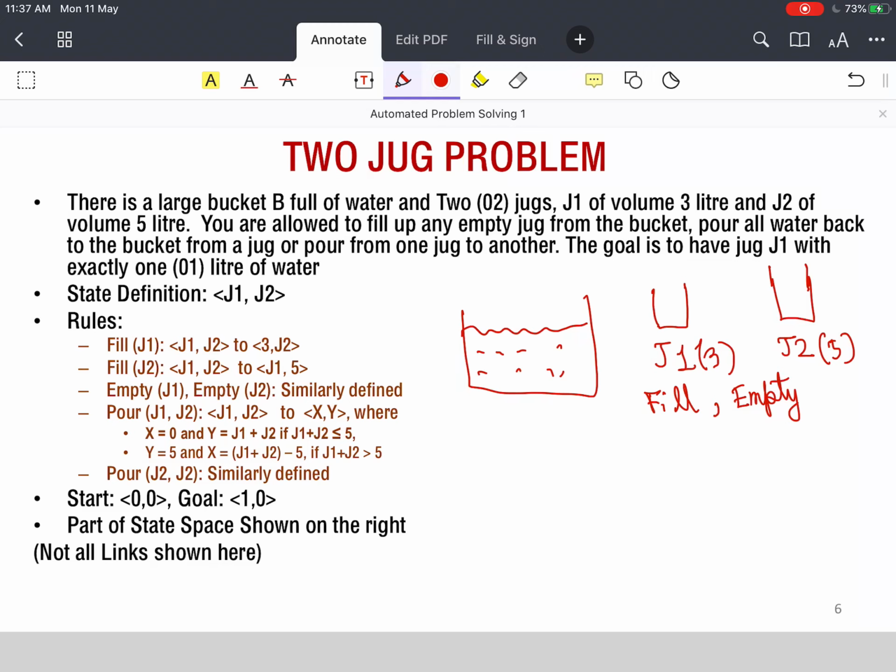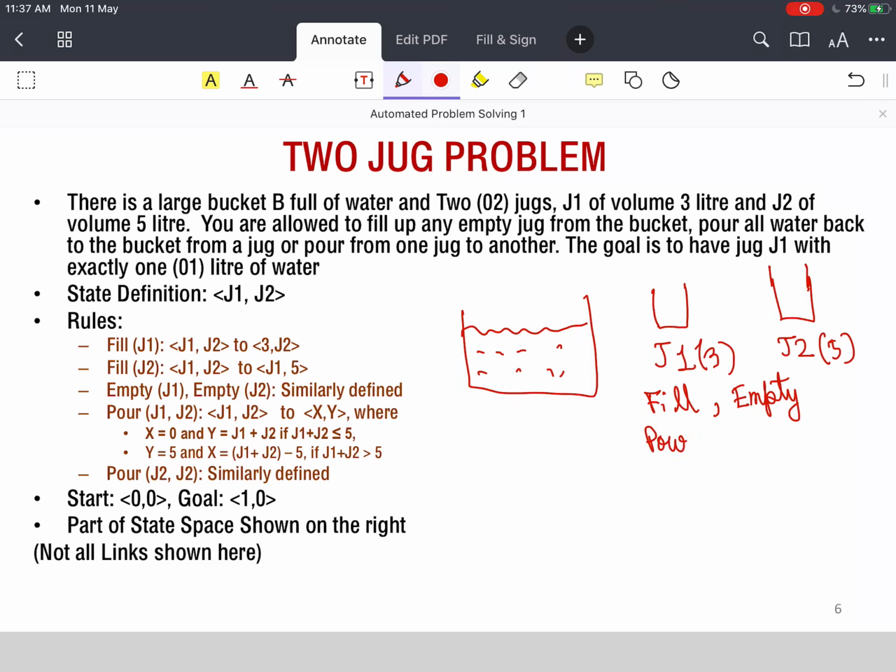We can fill a jug by putting that jug in the water tank and filling it up. We have no markers on the jug to indicate how much we want to fill up. Either it will be fully filled up or it will not be filled up. Empty similarly pours the water back from the jug into the tank. And you cannot partially pour the water, you have to either pour it fully or not.